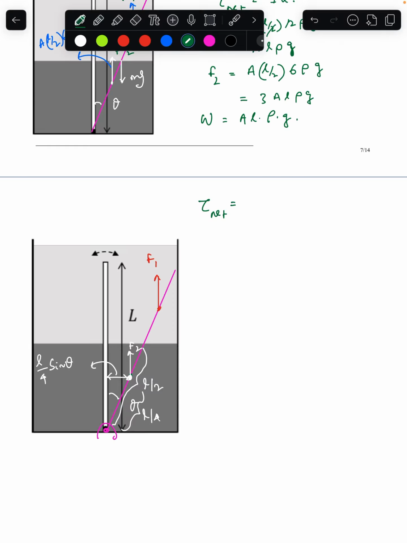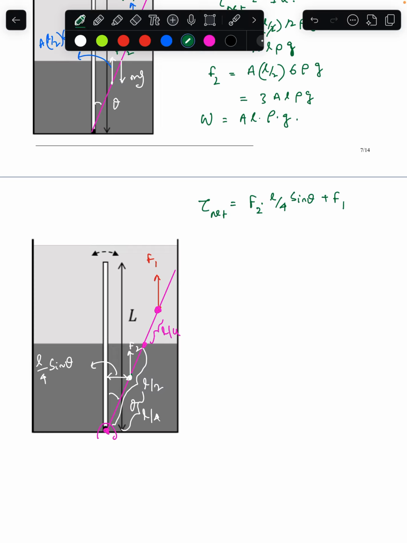Now it will be easy for you. So this will be F2 L by 4 sine theta plus F1. What about this distance? Again, please calculate. From here to here it is L by 2, and from here to here it is L by 4. So from the hinge to this point, it becomes 3L by 4.